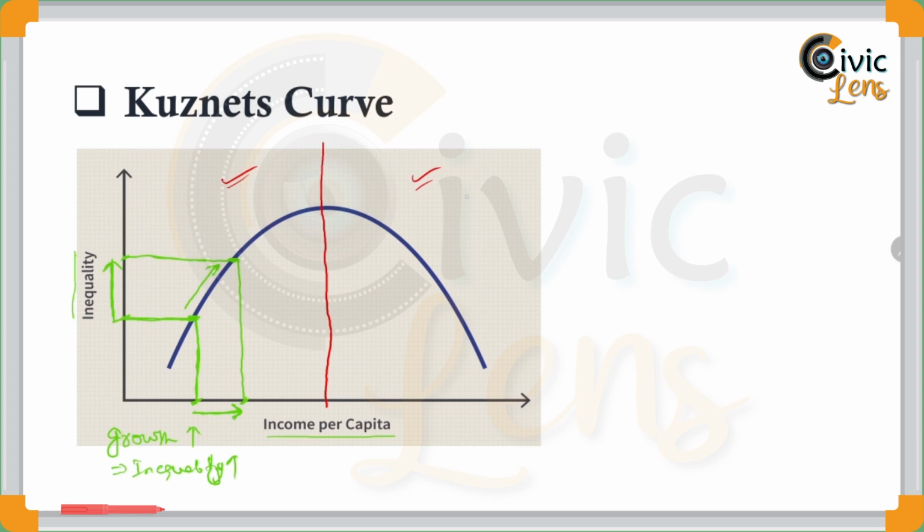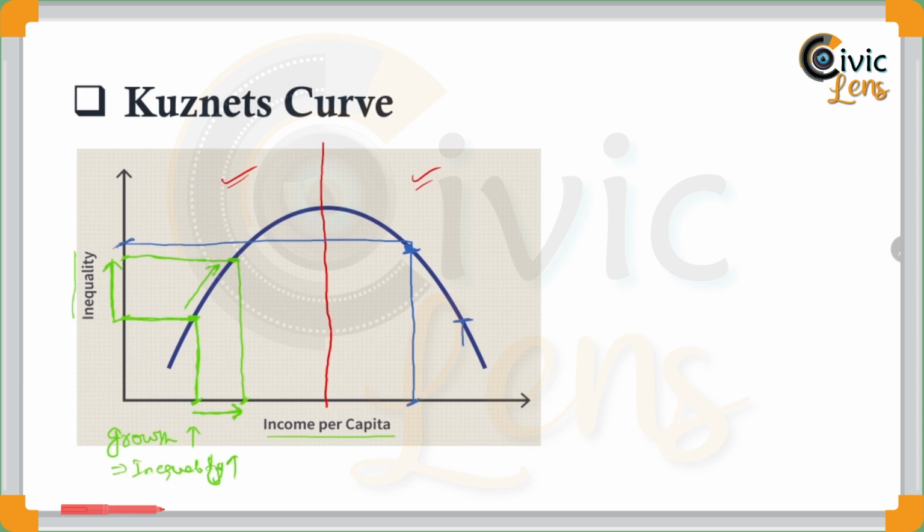Now let's see what is the position in the second half of the graph. So for that, we will again choose 2 points on the graph. Let's say we choose this point and this point, right? So we will try to find out income per capita as well as inequality for each of these points, right? So again, if I join this point by a horizontal and vertical line, it means that for this point, income per capita level is this much and inequality level is this much, right?